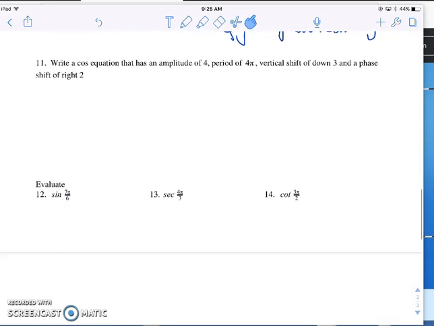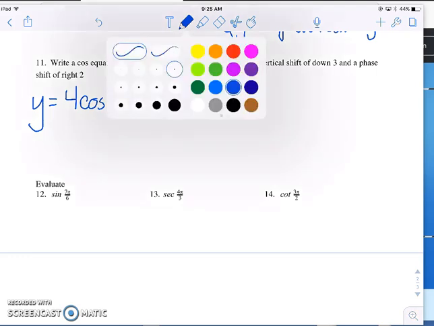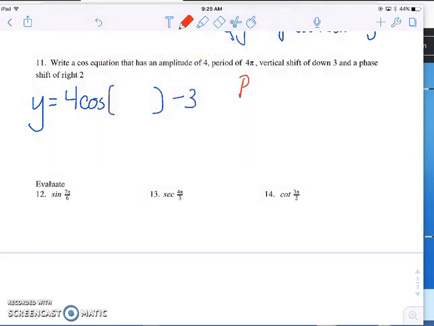So the next one, we're asked to write a cosine that has an amplitude of 4, period of 4 pi, vertical shift of down 3, and a phase shift of 2. So we'll start at y equals 4 cosine. We know there's some parentheses there, and we know it is down 3. So let's start with this period. Period equals 2 pi over b.